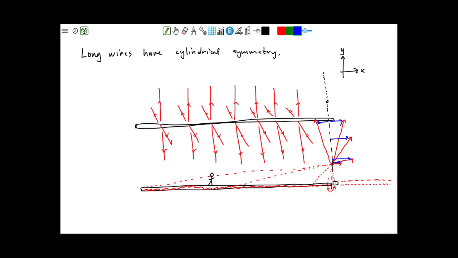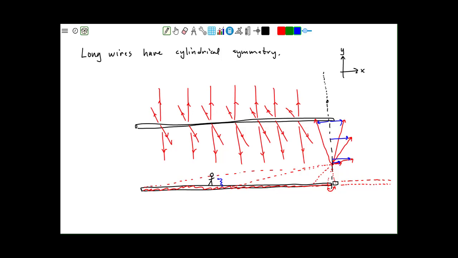Because if this is a long line of charge, and this is what we mean when we say long line of charge: in essence, when a point in space is relatively close to the line of charge, then to that point, that charge looks very, very long.